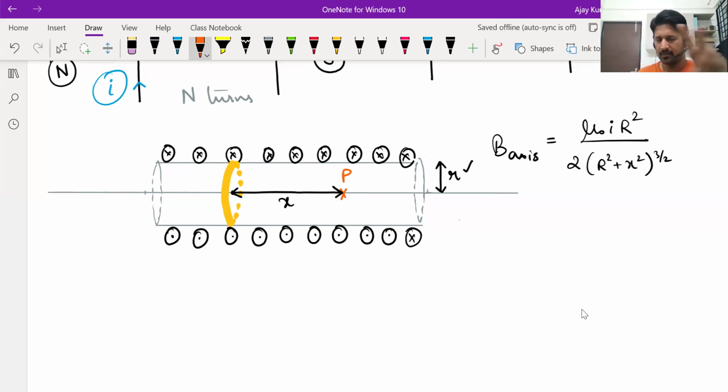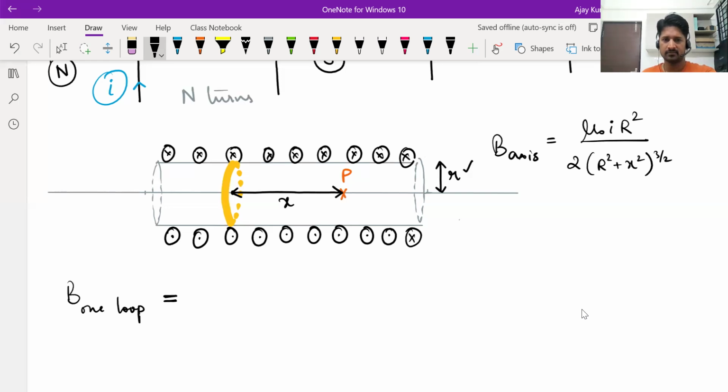Imagine trying to write the field produced by this loop here. Can any of you tell me how to write the field produced by one loop? What expression will you write for the field produced by this yellow colored loop?